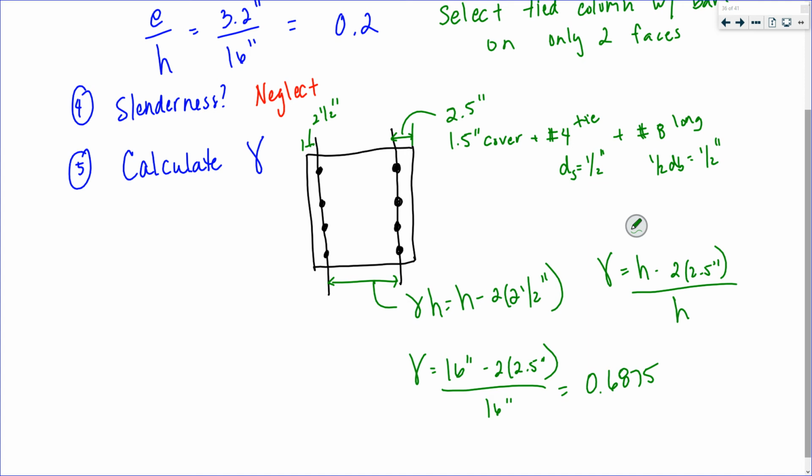That's the distance between the centroids of the 2 longitudinal sections, one in tension and one in compression. That's gamma h, and then I divided by h to get gamma.